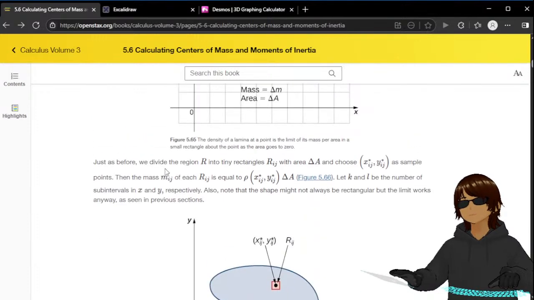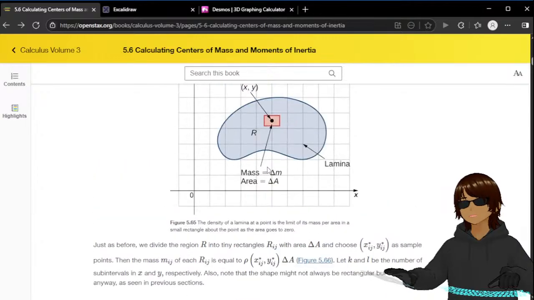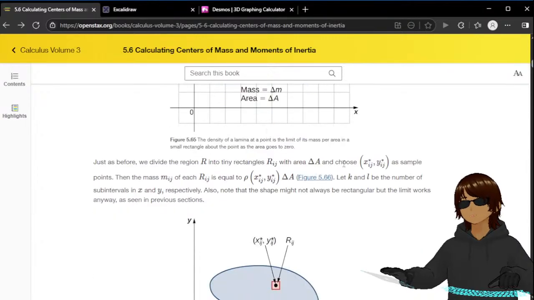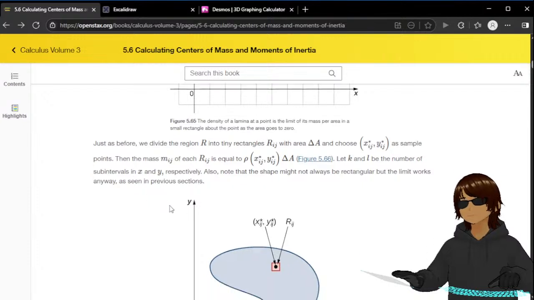Just as before, we divide the region R into tiny rectangles Rij with area delta A, and choose x star, y star as sample points. Then the mass Mi of each Rij is equal to rho of x star, y star times delta A. Let k and l be the number of subintervals in x and y respectively. Also note that the shape might not always be a rectangle, but the limit works anyway, as seen in the previous sections.